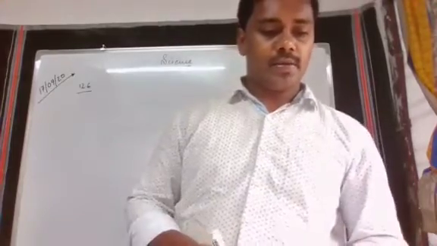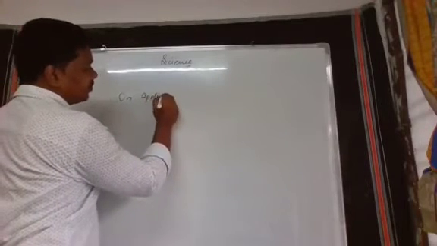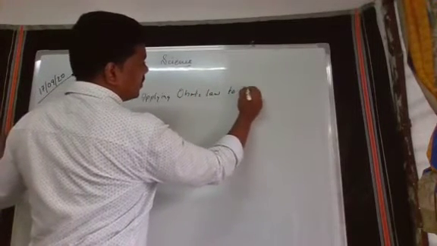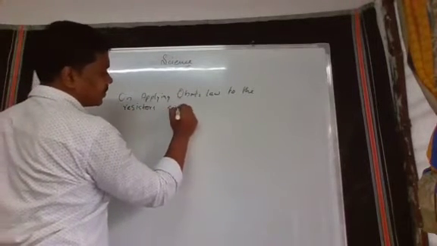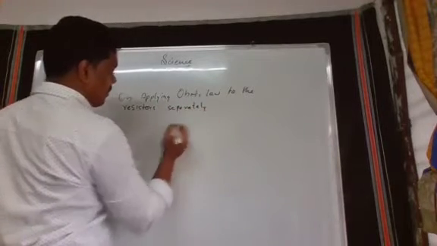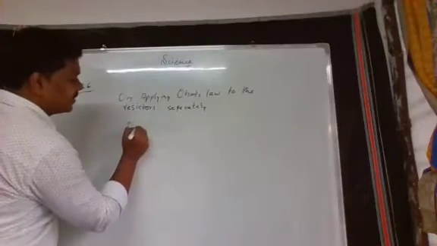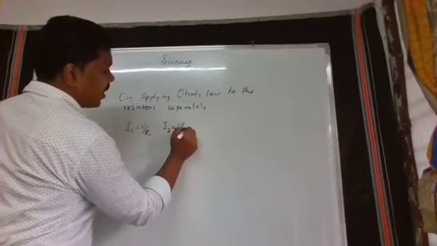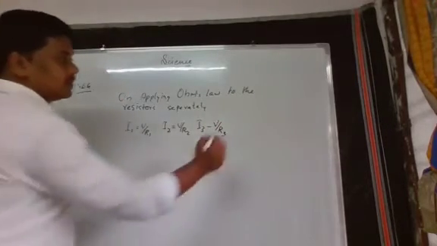On applying Ohm's law to the resistors separately, we will get I1 is equal to V by R1, I2 is equal to V by R2, I3 is equal to V by R3. So it's equation 2.